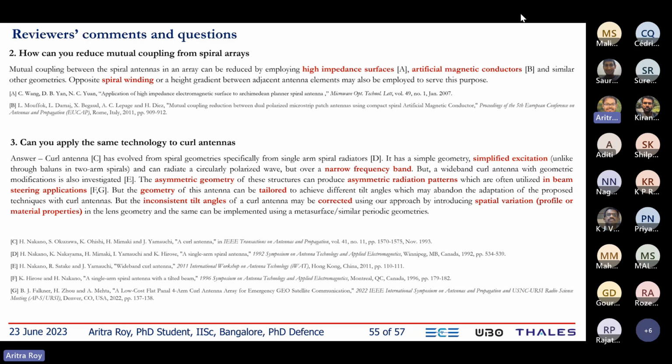For a curl antenna, the tilt angle goes in different directions for different frequencies. So obviously there is scope for work: we may design a metasurface which will try to correct this movement of the beam and guide all the beams in one direction. To do so, we may need a spatial variation in the metasurface.